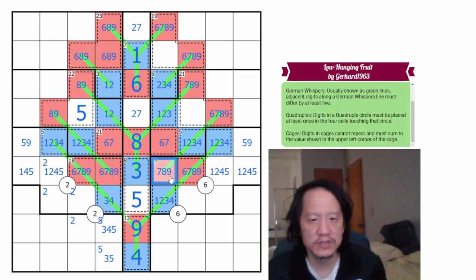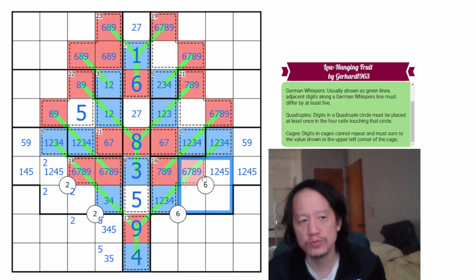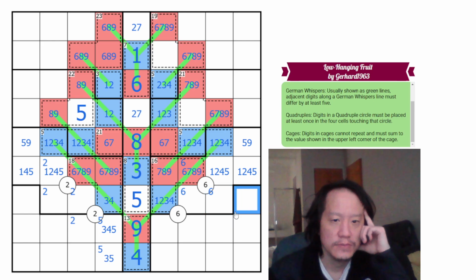So this can't be 6, because if it were 6, then there would be no 6 available to surround the quad circle. So we know the 6 has to be one of these 3. Let's see.